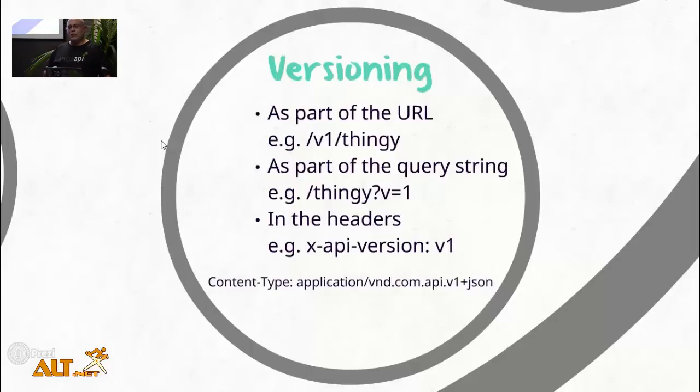The final version one I've seen, and I do like this way of doing it, it's becoming more popular, it's very RESTful, where you actually merge the representation that you want, like JSON or XML, with the version of the entity that you want to ask for. This describes a lot about what, to me, a resource is.